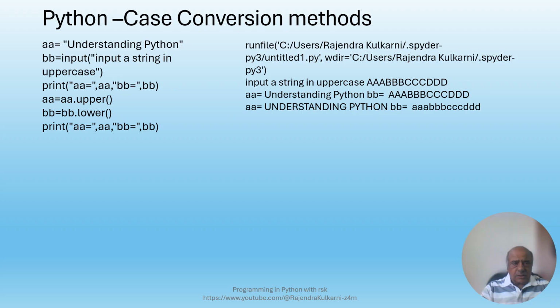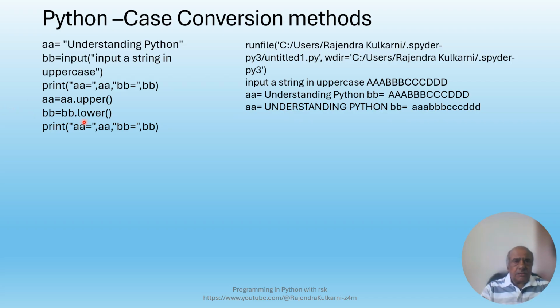Instead of AA referring to the object understanding Python in lowercase, it now points to understanding Python in uppercase. So a new object has been created, understanding Python in all capitals, and assigned to AA.